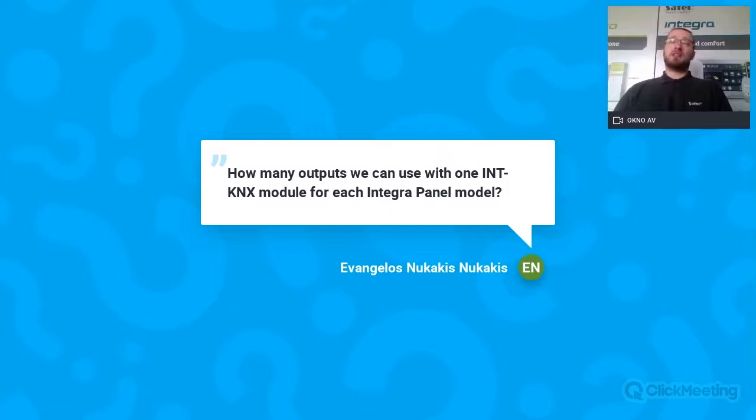So you can use one INT-KNX fully on the outputs, and so on. The same goes for INTEGRA 32, for example. 32 has 32 outputs, 8 on board, so you are left with 24 outputs you can use, etc.